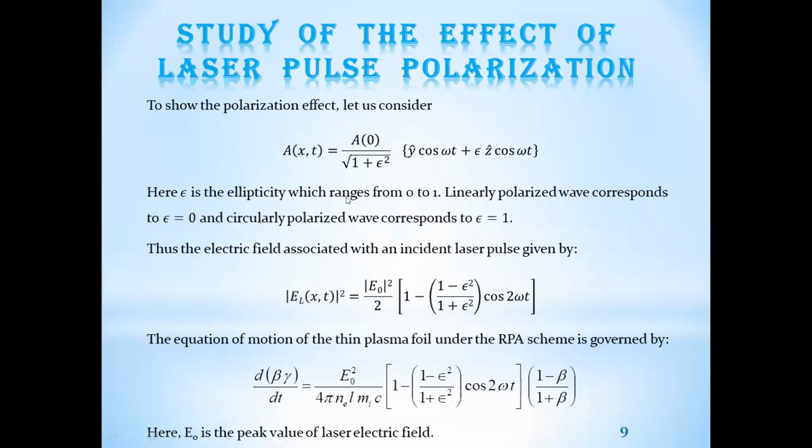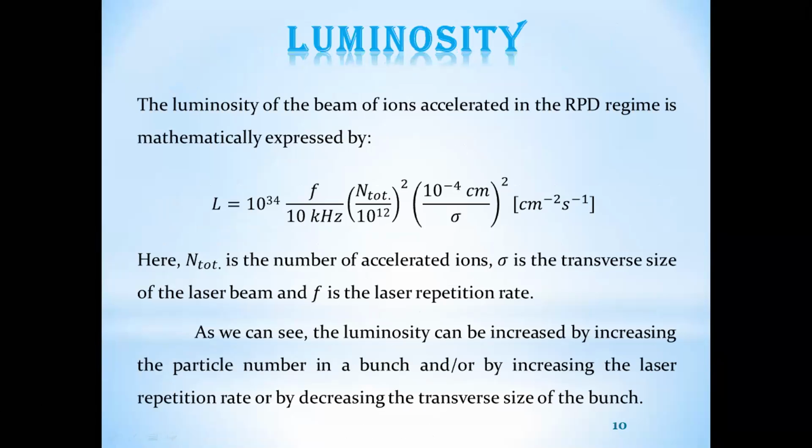One can easily obtain by simple mathematical calculation the electric field associated with the incident laser pulse or incident EM wave. Now the equation of motion gets reduced in the case of polarization, where E0 is the peak value of the laser electric field.